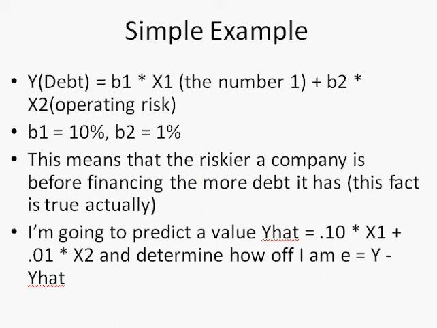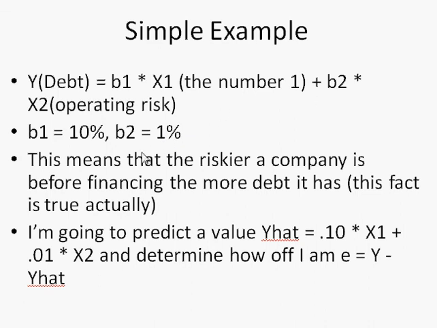So let's imagine that we are looking at the financial risk of companies, and we are going to explain that using operating risk. So how risky the fundamental business is before financing. And let's just imagine we got a 10% estimate as a baseline and 1% coefficient times operating risk.